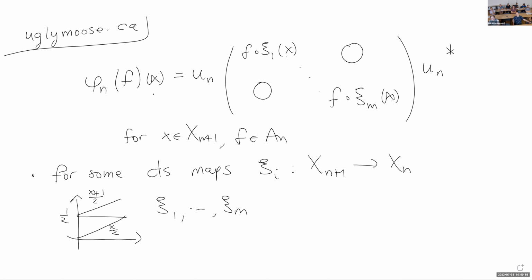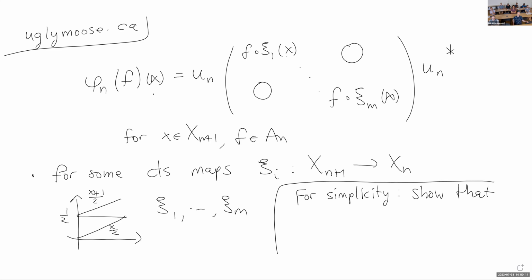So for simplicity, show that psi1x, ..., psi mx is eventually delta dense in Xn for any x.